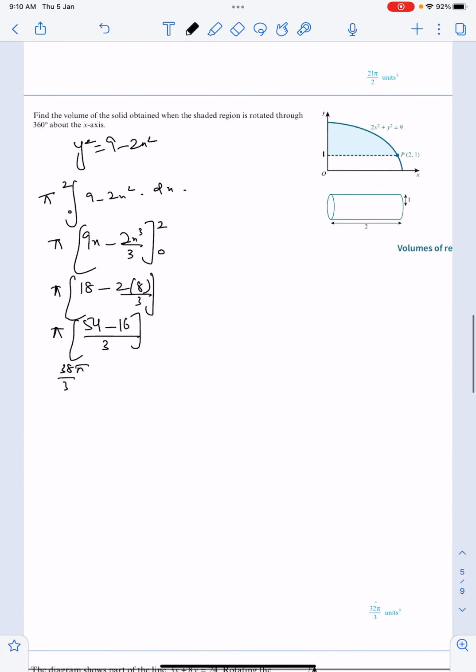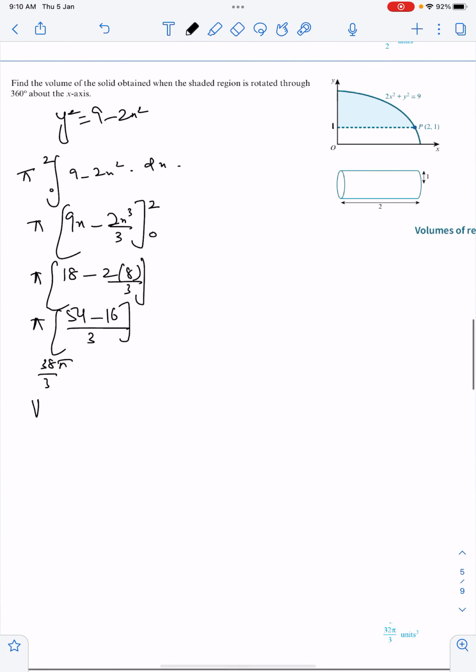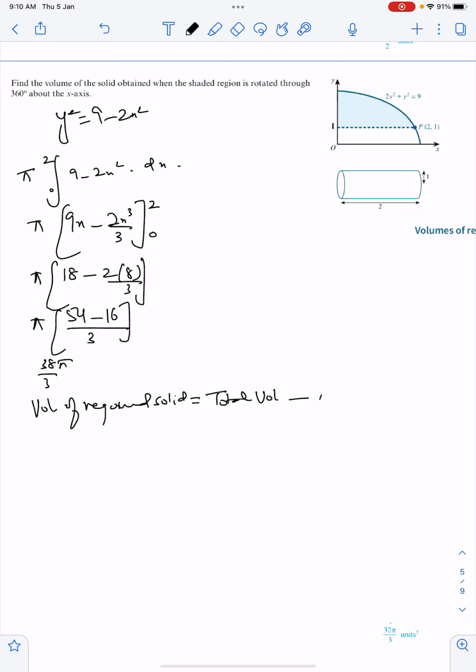Volume of required solid equals total volume minus volume of the cylinder. Volume of cylinder is, we know, pi r square h.